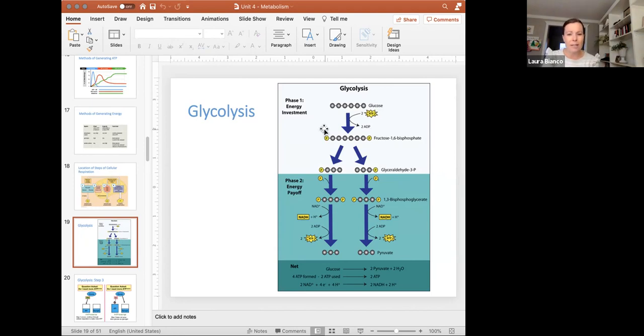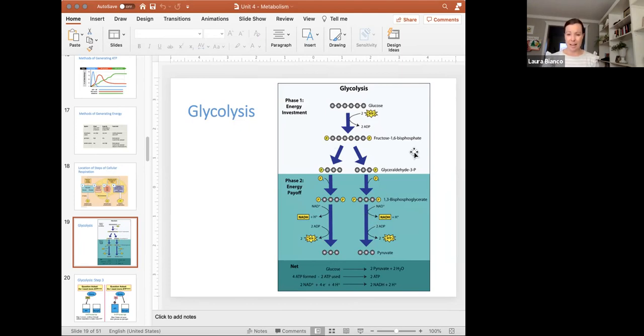During this process, you are starting with just one single glucose molecule, which is represented right here. And it is broken down in a series of steps. Ultimately, it results in the production of 2 molecules of pyruvate, which is also known as pyruvic acid.